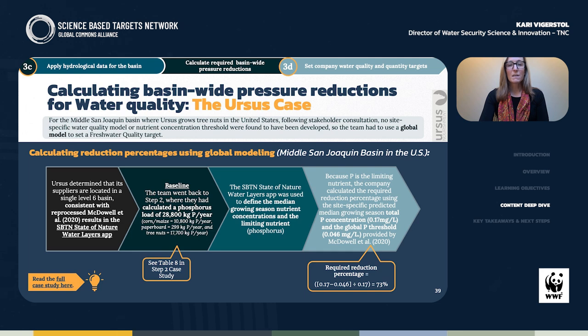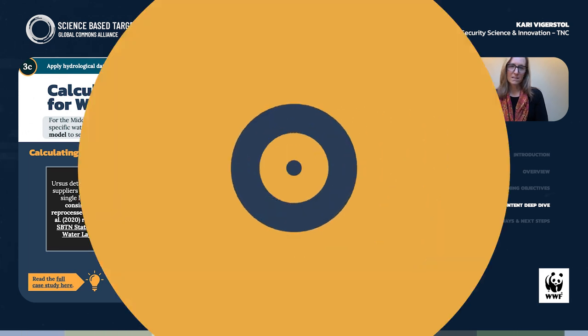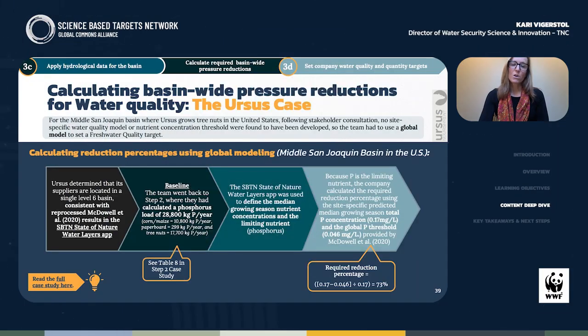Because phosphorus is a limiting nutrient, the company applied equation 3 from the Step 3 technical guidance to define the required reduction percentage using the site-specific predicted median growing season total phosphorus concentration of 0.17 milligrams per liter and the global phosphorus threshold provided by McDowell et al. of 0.046 milligrams per liter.